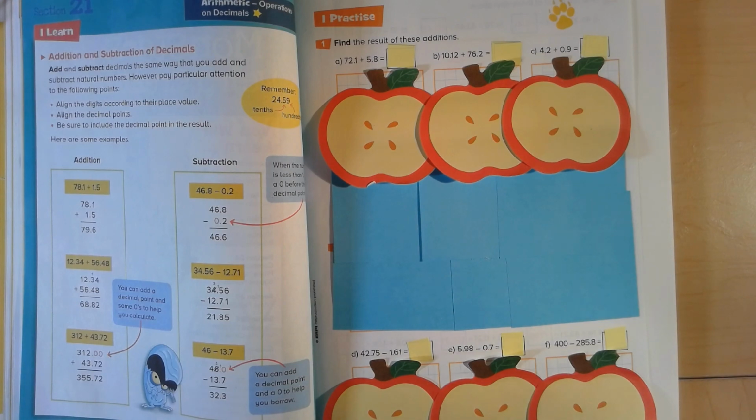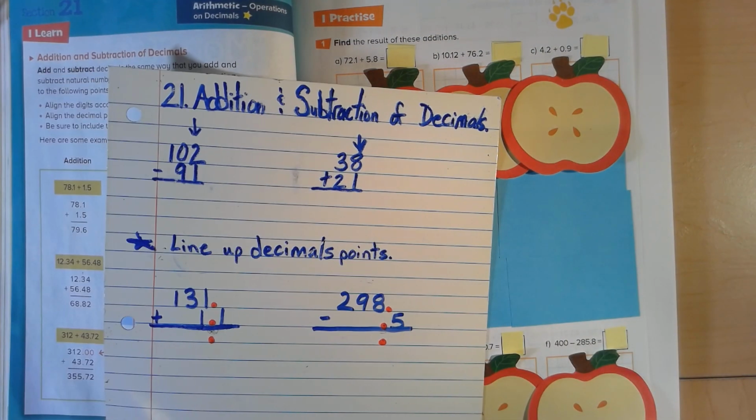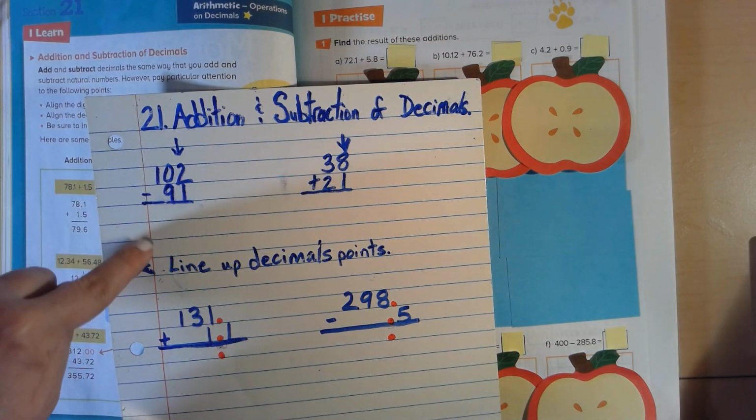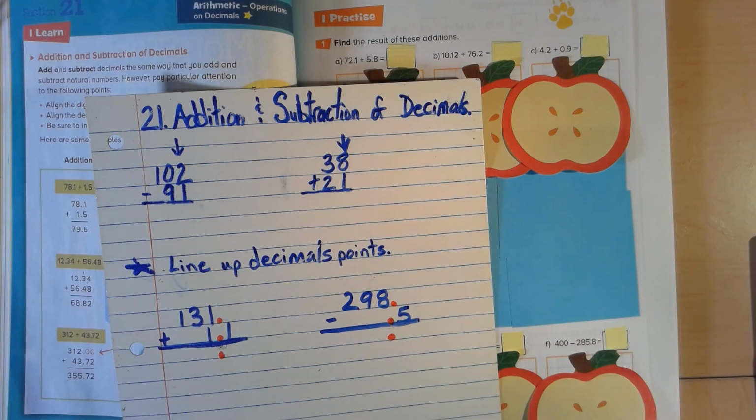All right, just to recap very quickly, we have subtraction, addition. Now, remember that when we add or subtract numbers, we're going to start in the column with the least value.